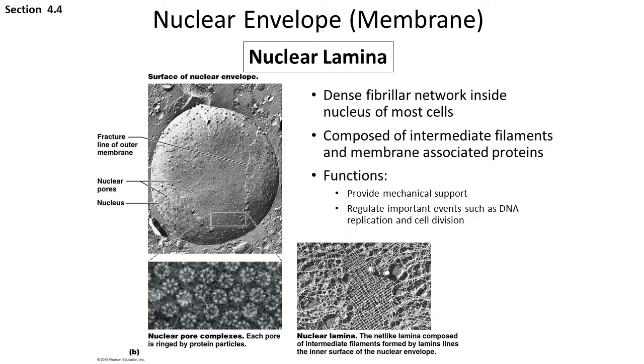It is composed of intermediate filaments, membrane-associated proteins, and it functions in providing mechanical support to the cell and regulating important events such as DNA replication and cell division. So it lies on the inner surface of the nuclear envelope.